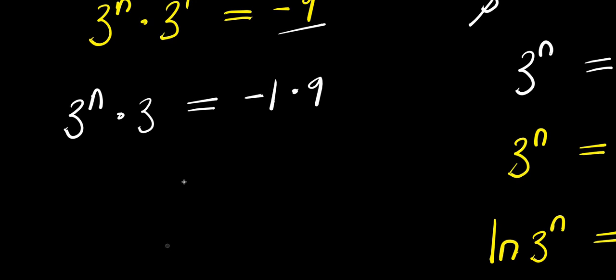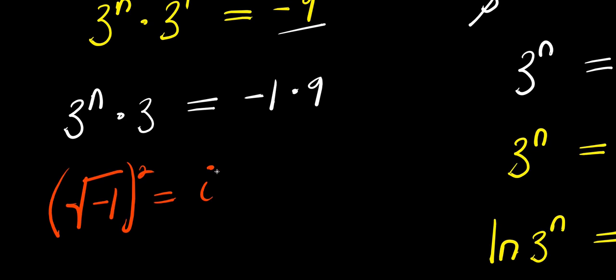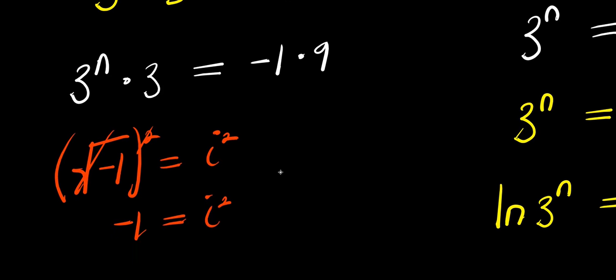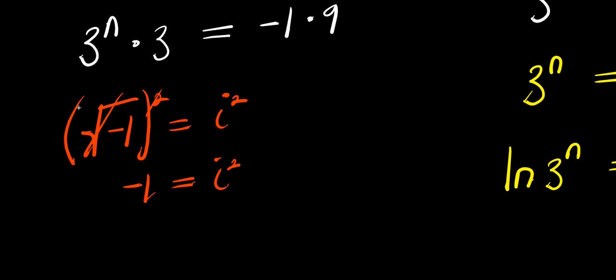So right here, what I can do will be to consider this identity. If you have square root of negative 1, this equals I. If you take the squares, this eliminates this, so you have negative 1 equals I power 2. So you have 3 to the power of n times 3 equals negative 1 times 9.